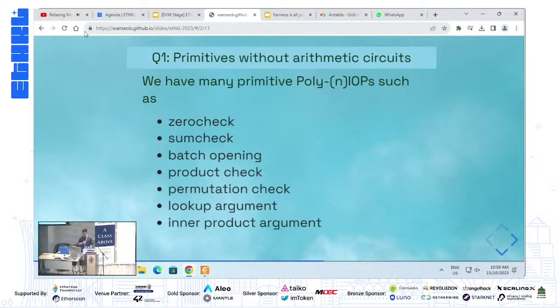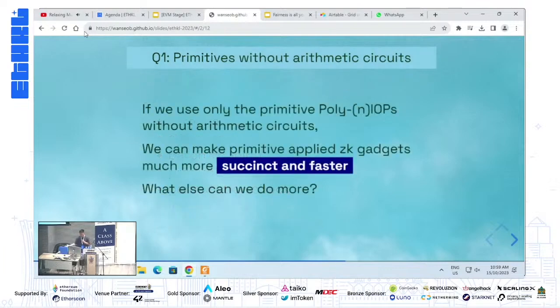Also, we have some inner product arguments like this. And the question is, okay, then what kind of cryptographic primitives and ZK gadgets can we replace using this polynomial-IOP-only approach? So this is the first question.